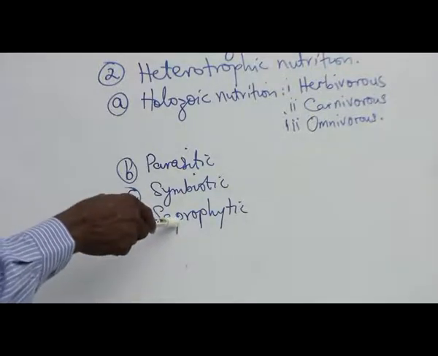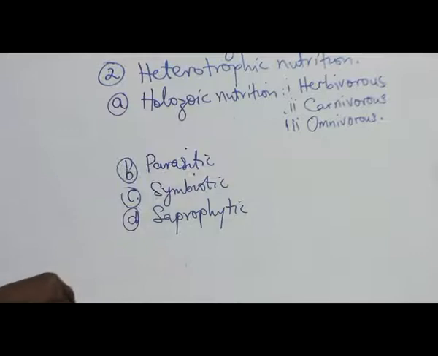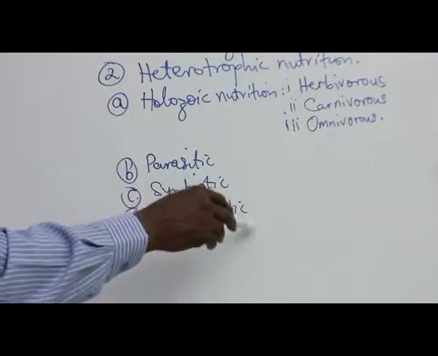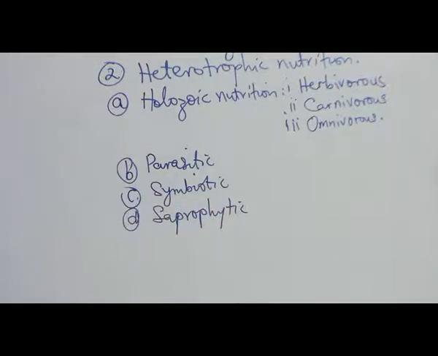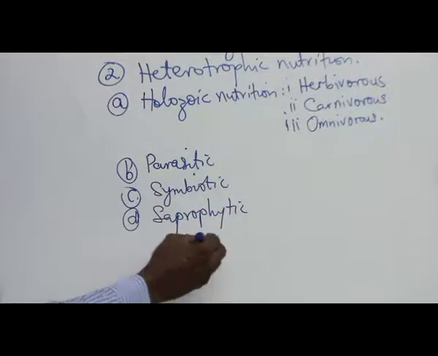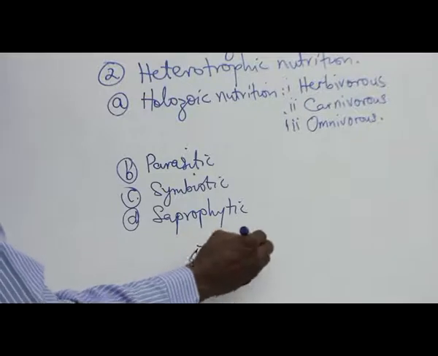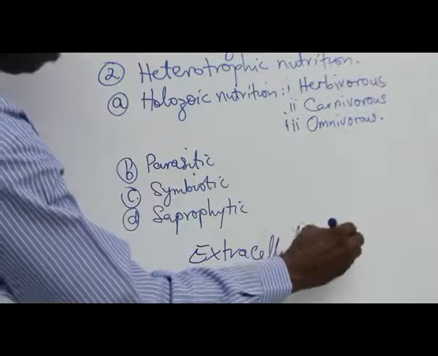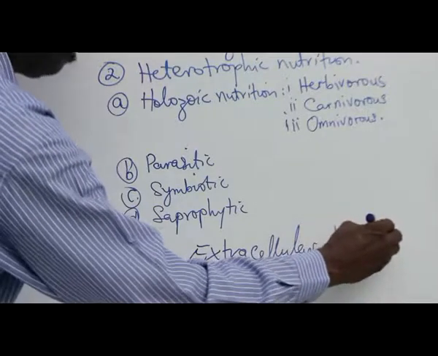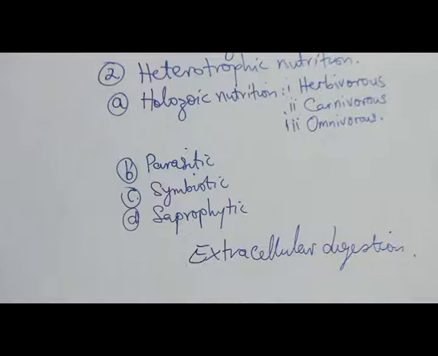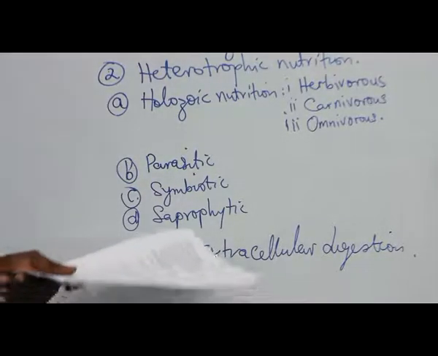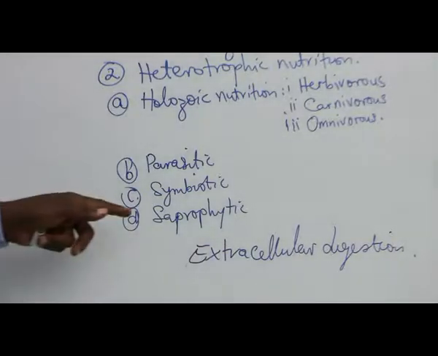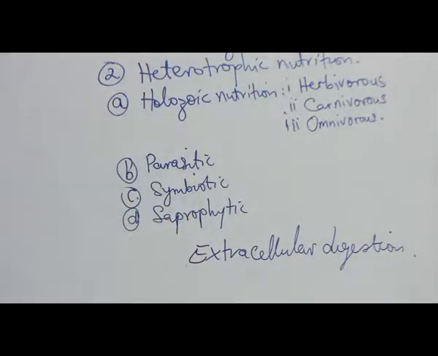Such digestion, where the organism deposits the enzyme on the dead body outside the organism, is extracellular digestion. Digestion outside the body. So saprophytes are fungi and some bacteria. In ecology, we refer to them as decomposers.